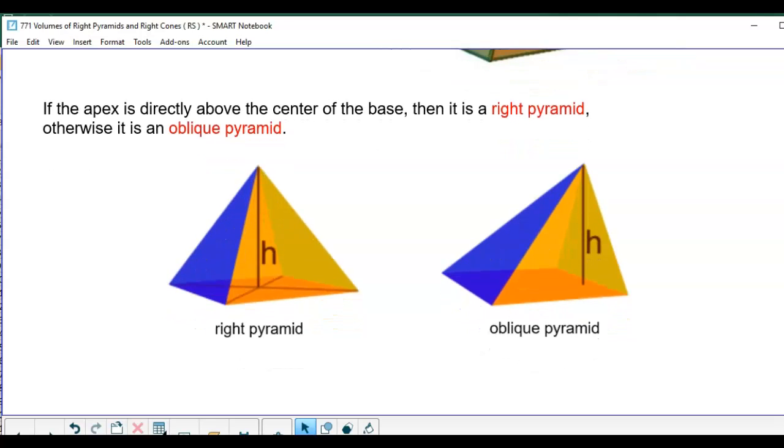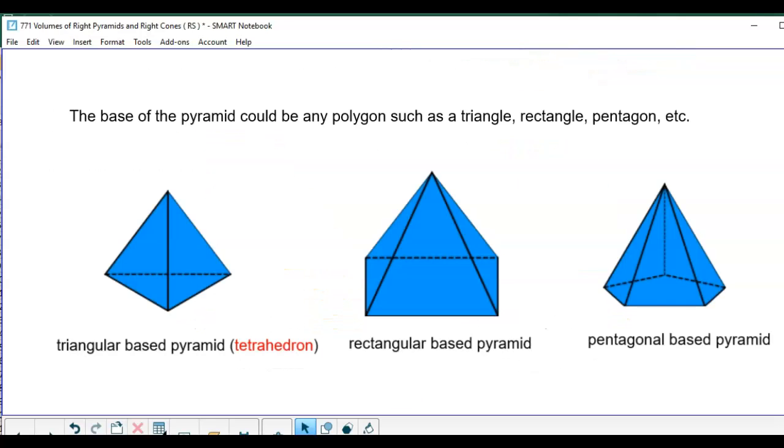The base of a pyramid could be any polygon, such as a triangle, rectangle, pentagon, etc. So there are some examples. Now, a triangular-based pyramid actually has a special name. It's a tetrahedron, and you use that a lot in science for different shapes of molecules and stuff like that.